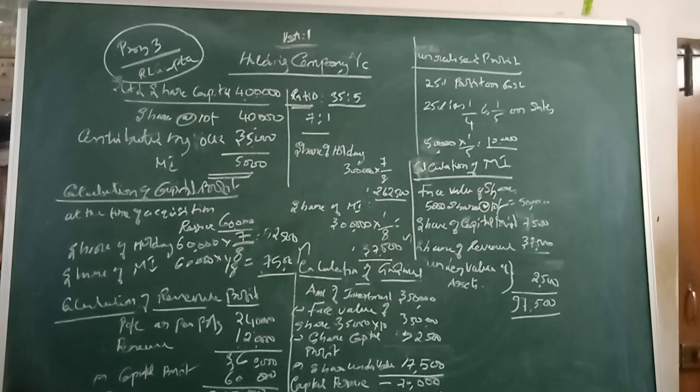Then finally, we have to prepare the balance sheet. Mind it carefully. When you are preparing the balance sheet, you will have to apply these adjustments. Number one, all other things are similar. The assets and liabilities given in the question, we have to take, except share capital of subsidiary company, that should not be taken for the new balance sheet, and investments given in the holding company column, asset side of the balance sheet, that should also not be taken.